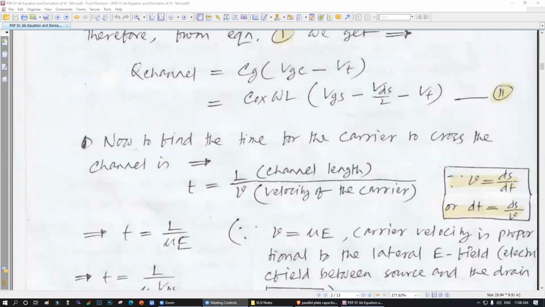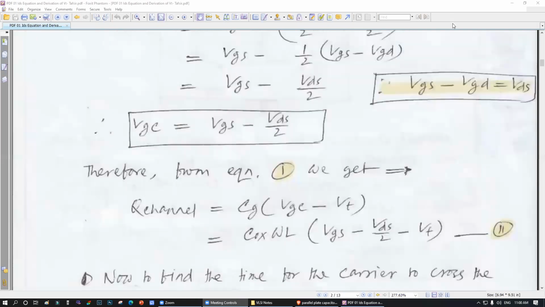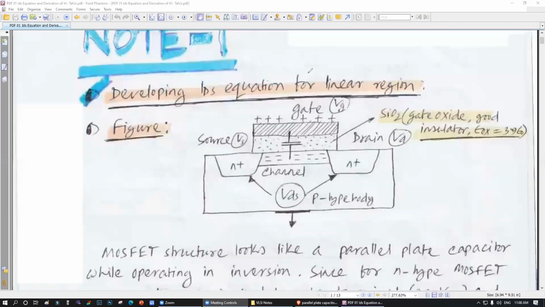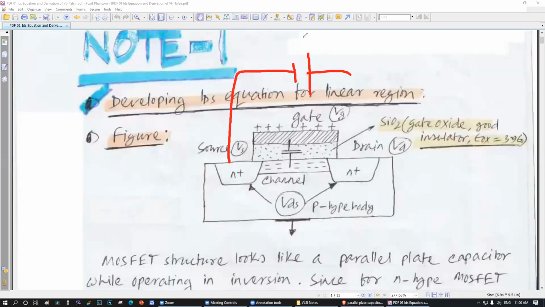What electric field? Remember, I have given you a battery here. This is called VDS, right? If the battery is very strong, if the charge is very strong, the electron will just go. The speed is high.